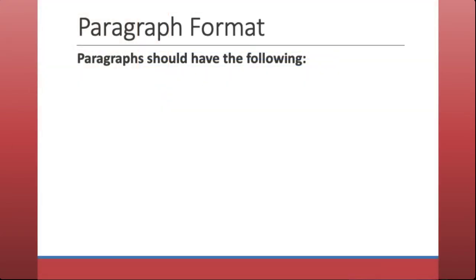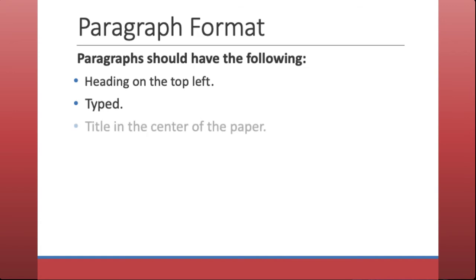So what do you do if you're writing like a paragraph? Well, there's some things that you need to be aware of too. For example, you need to have the heading again on the top left. So that doesn't change whether you're writing a handwritten assignment or a paragraph typed. Always type. Also, you want to put a title in the center of the paper.